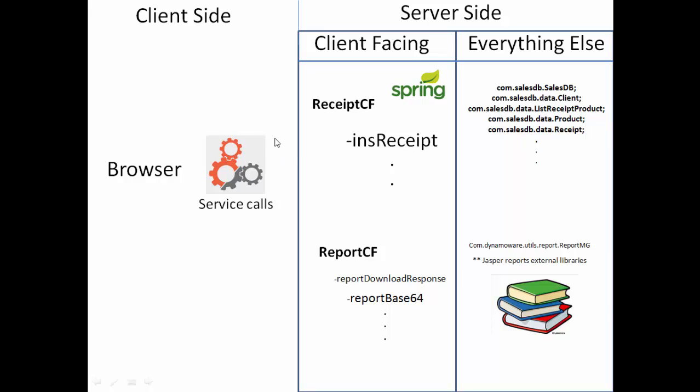What I want to show here is that these classes are accessible and able to execute code from the browser thanks to these client-facing classes, and this is all possible because they're wired up in the Spring framework. So it makes it very easy to convert them into services.